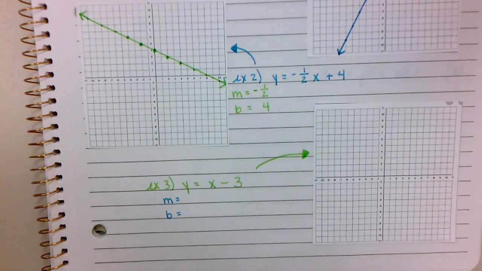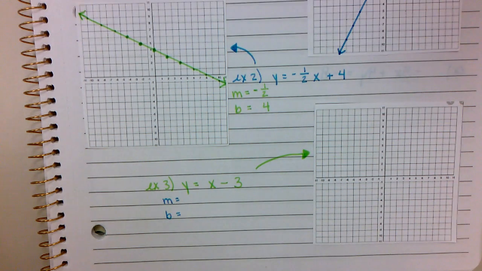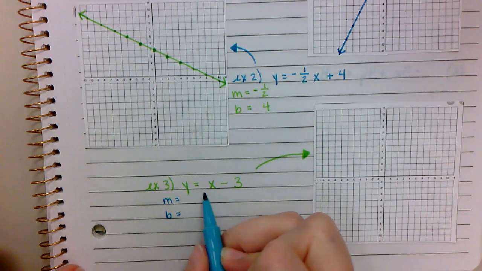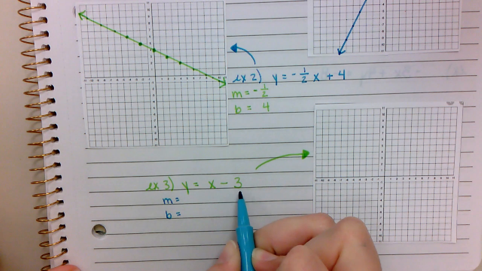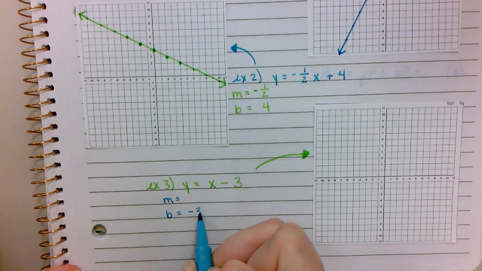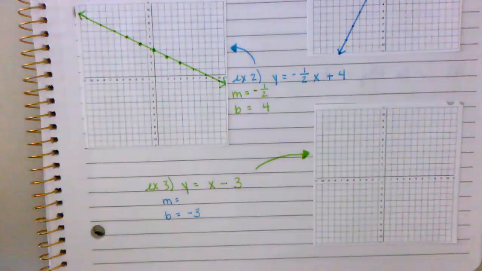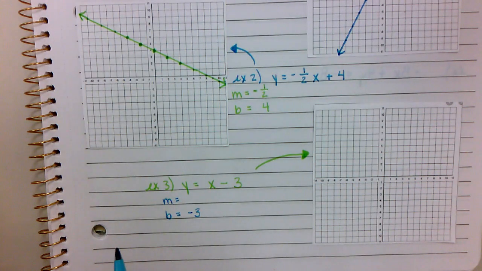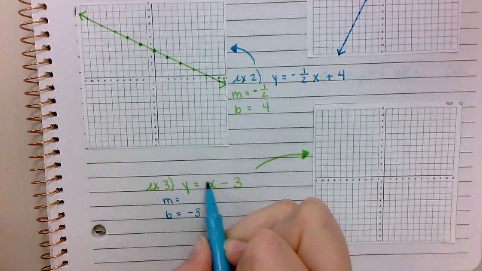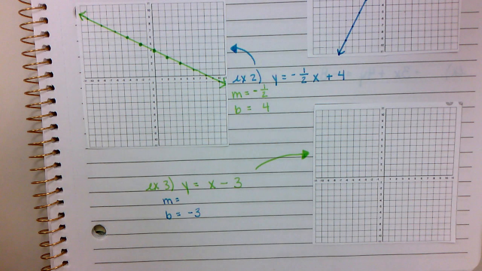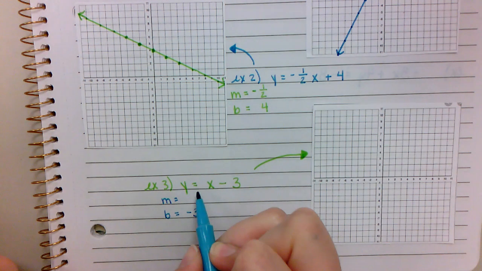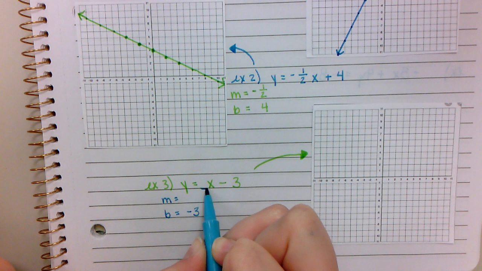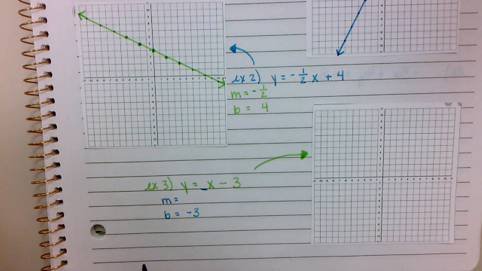And then the last one, my b value is where I'm going to start. So in this equation, my b value is -3. And my slope, it doesn't look like I have any number here. But we know that that doesn't mean it's a zero slope, because 0 as a number right here, well, 0 times anything would be 0.